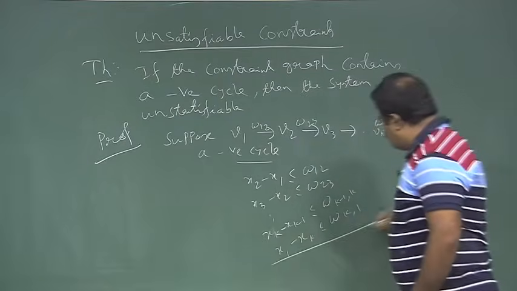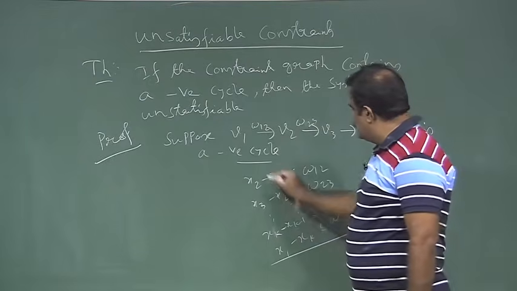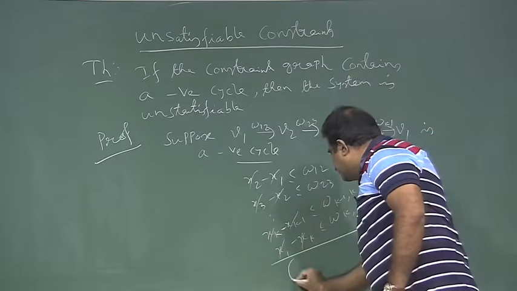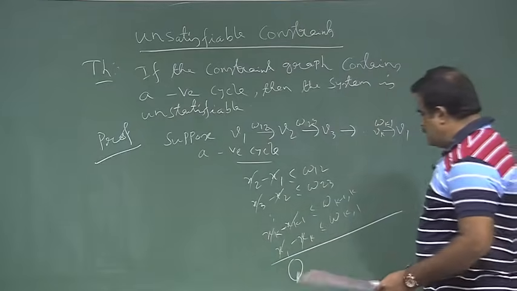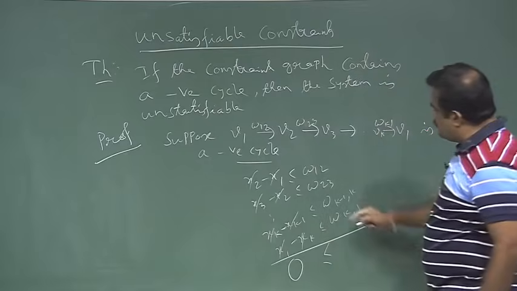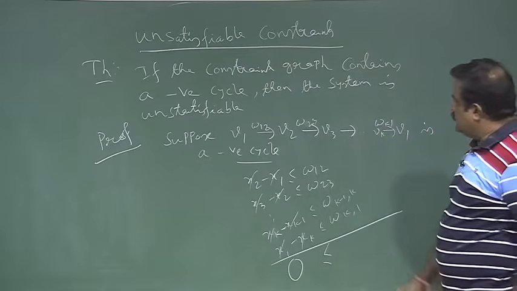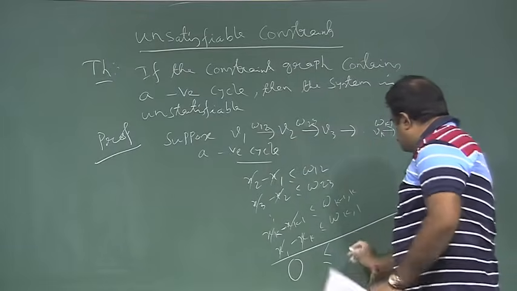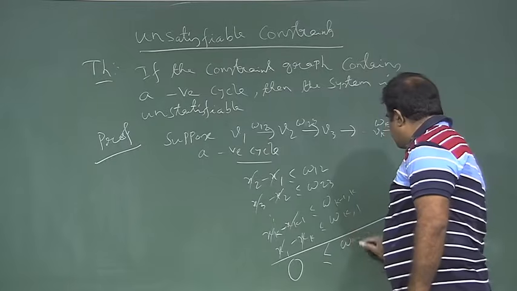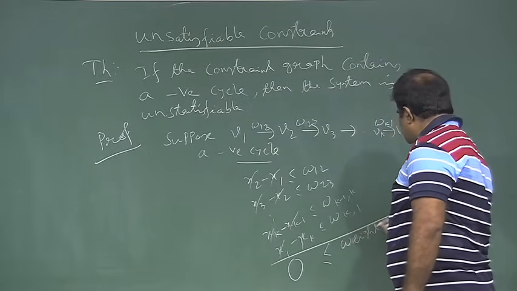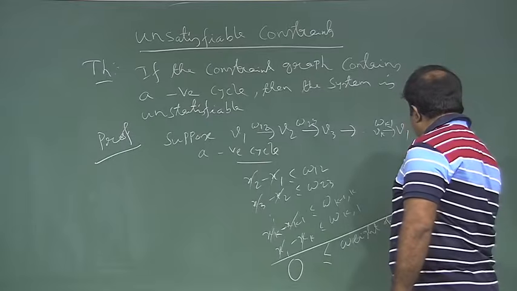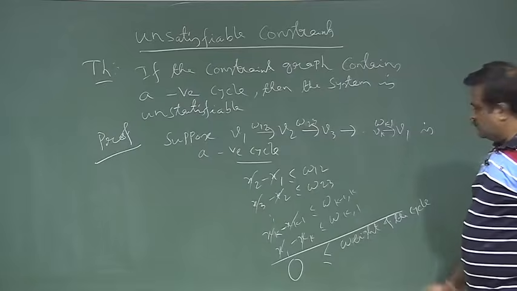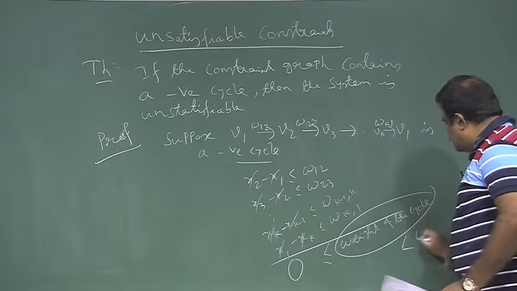Now, if we add it up, this part cancels out, so the left side is 0, and the right side is the sum of these weights, which means the weight of the cycle. Now, this is a negative cycle, so this weight is less than 0.